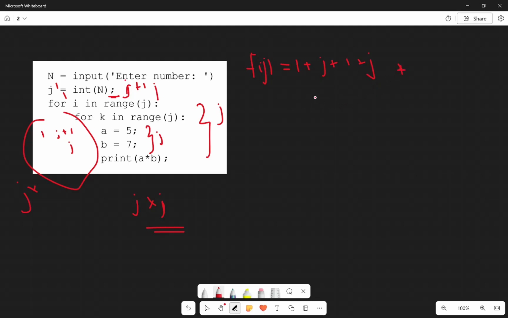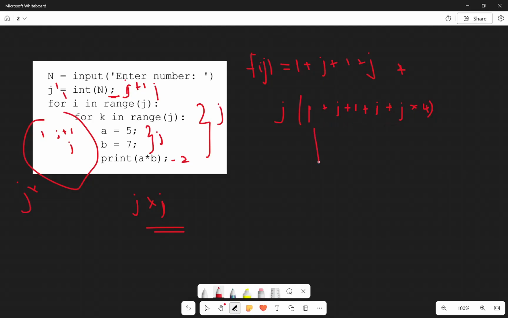The body gets executed j times. For the initialization of this inner loop, it takes one step, then the condition takes j plus 1 times, and the increment takes j times. Within that, there are 3 steps over here, and this one would be 2, so there are 4 steps, j times 4 within the loop.